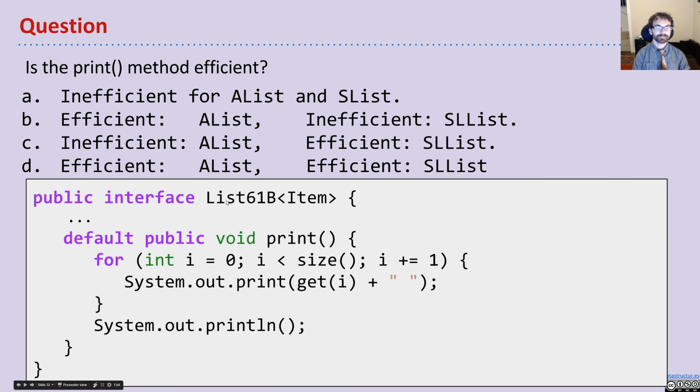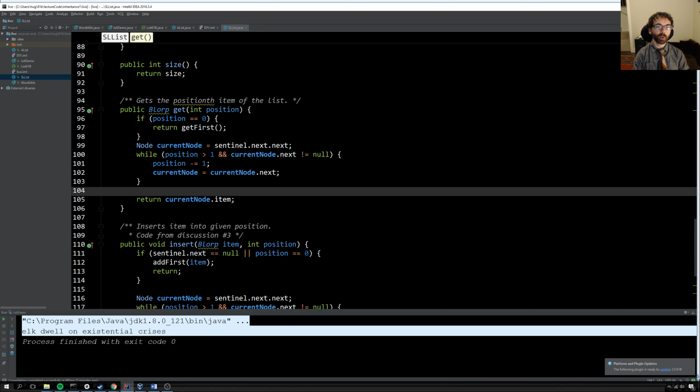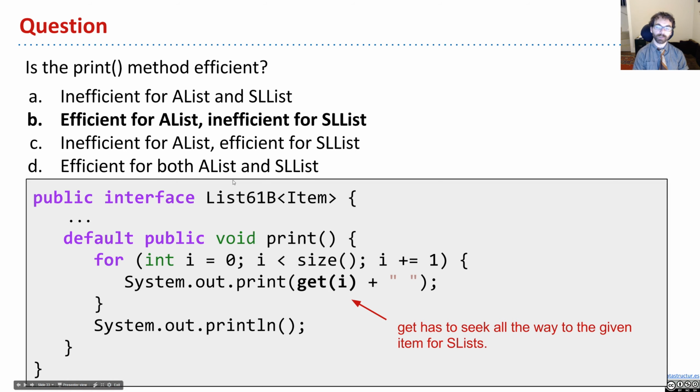Not so great. Okay, so in this case, it is efficient for AList, but inefficient for SList, and that's because get has to work its way all the way through the list. So in the next video, we'll talk about how we can deal with this, but that's basically what we get out of this implementation inheritance idea, is the ability to not have to write a print method if we don't want to. There's no print method in SList, yet we can print them all the same.